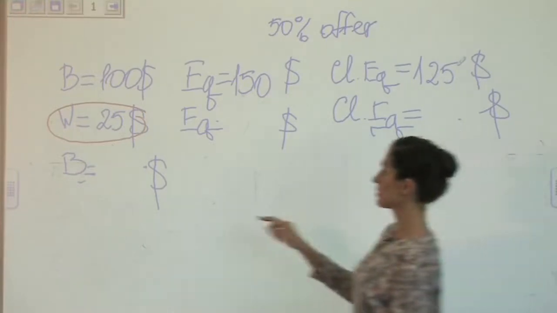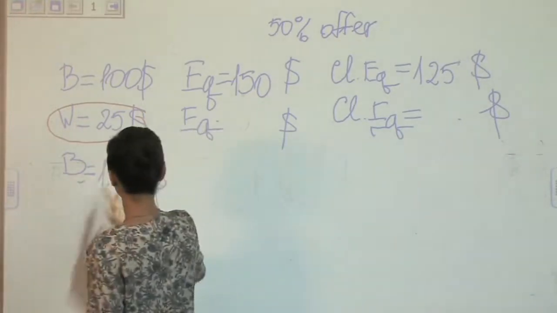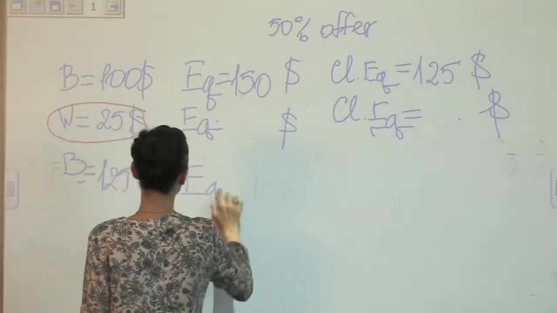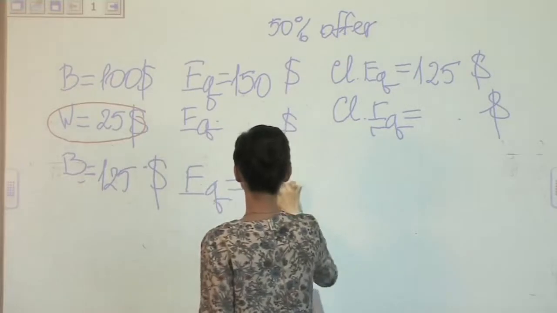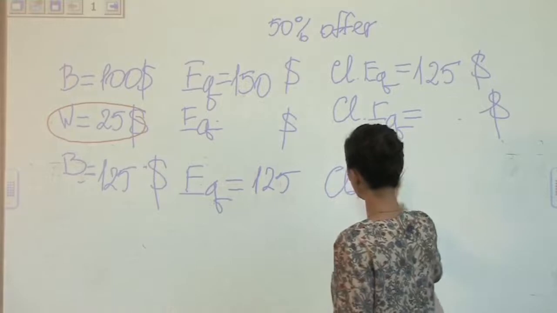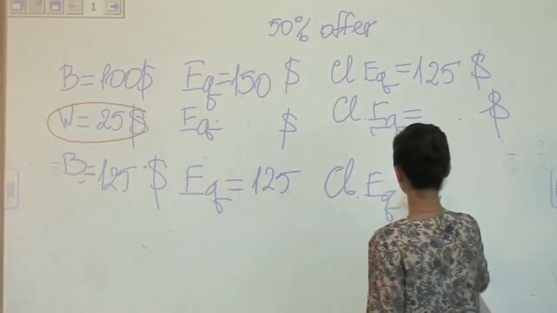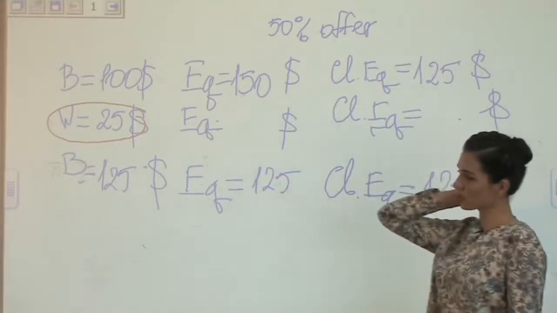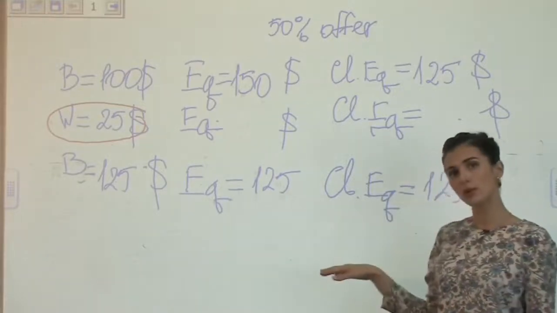The balance will be 125, the equity the same, 125, and the clean equity the same, 125. Okay?